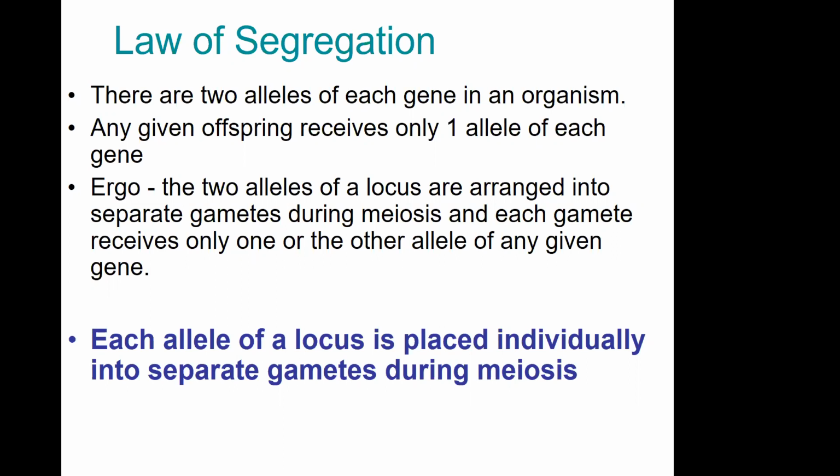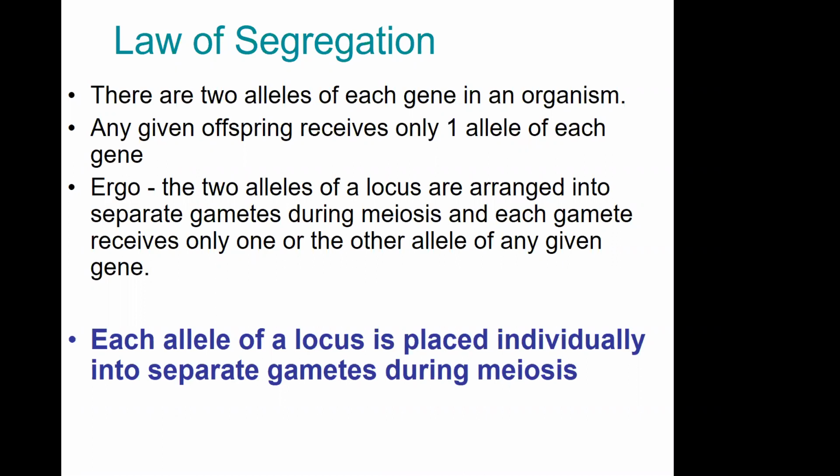Each allele of a locus is going to be placed, because of meiosis, into a separate gamete, individually from its other counterpart. So each allele of a locus is placed individually into separate gametes, for a given gene.